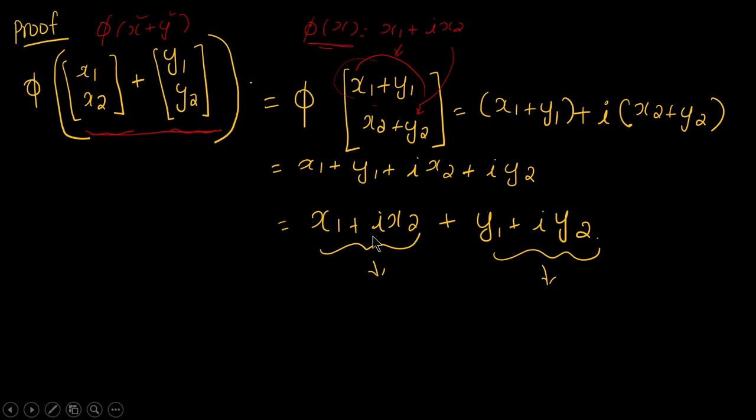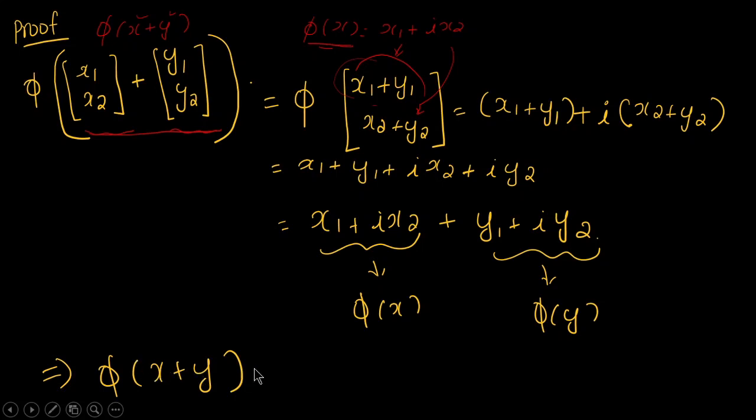And what is x1 plus i x2? It is phi of x itself. And y1 plus i y2 is phi of y. So we can say that phi of x plus y is equal to phi of x plus phi of y. So the first rule we satisfied.